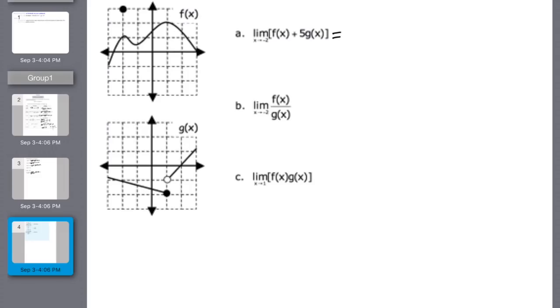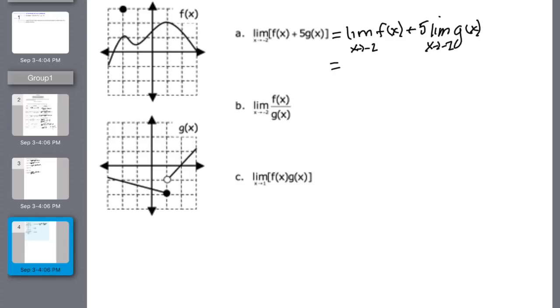So this one, the first thing I'm going to do is take the limit as x approaches -2 of f(x) plus, and there's that scalar. So I'm going to pull out that 5 out in the front. I'm going to pull out the coefficient outside of my process. This is going to be something we do very often in this class because it helps us break down our equations into more simple functions.